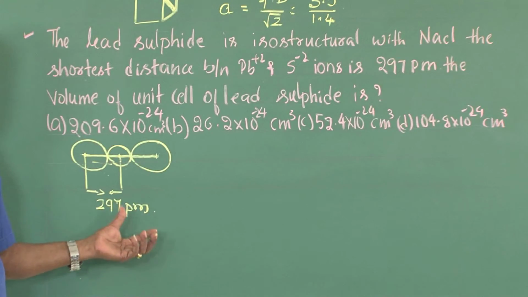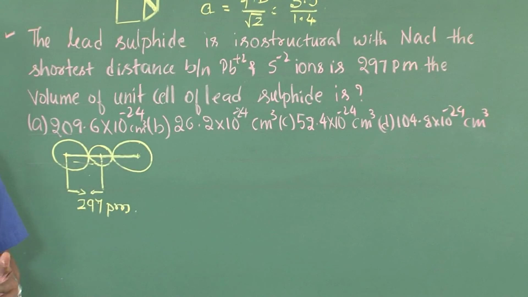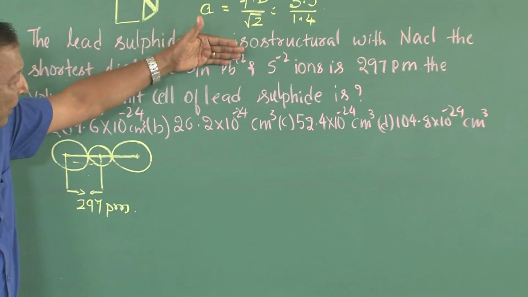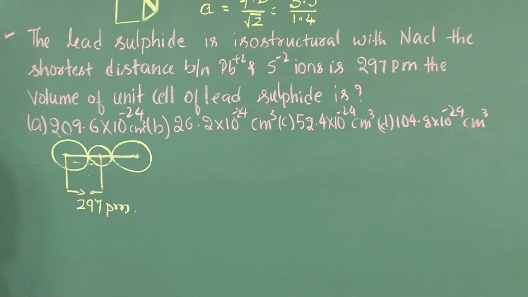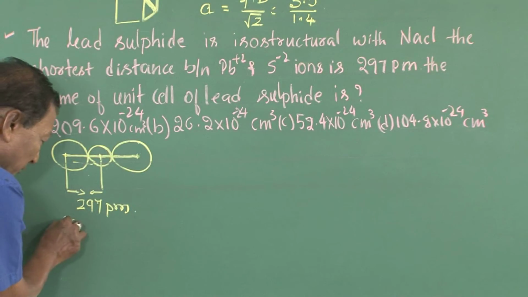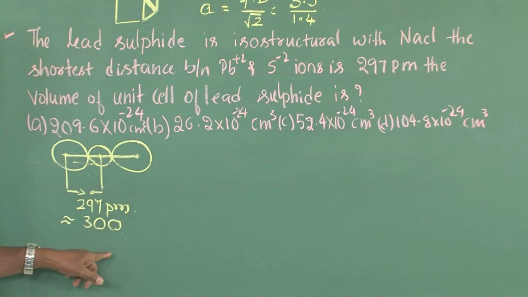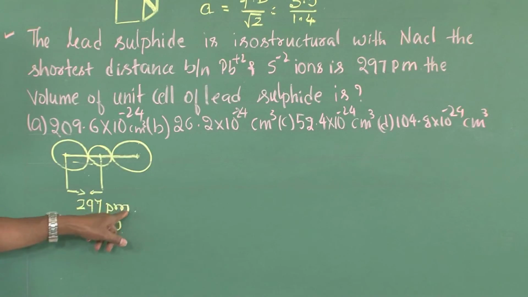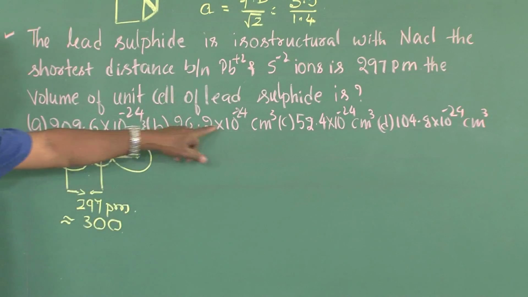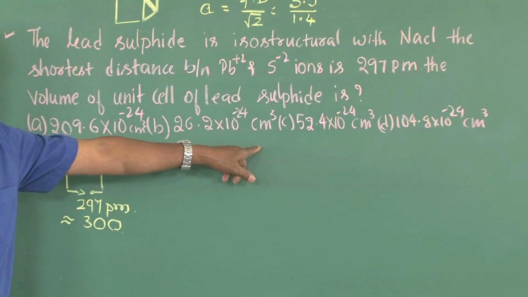And I don't want to do it with precision because for me the time is important and I look at the options. Options have bigger margin of difference. Therefore, with the approximation, I continue. 297 is approximated to 300 picometer, and I know 1 picometer equals 10 raised to minus 10 centimeter, and that is the unit in which the answer has to be given.